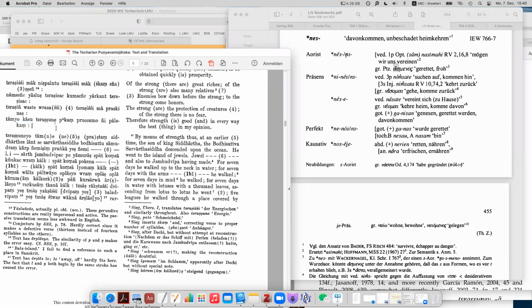Kasu means good, nominative. Trashune means actually power. So power is good, and pukam, from the locative of puk, means in everything, in all the things.